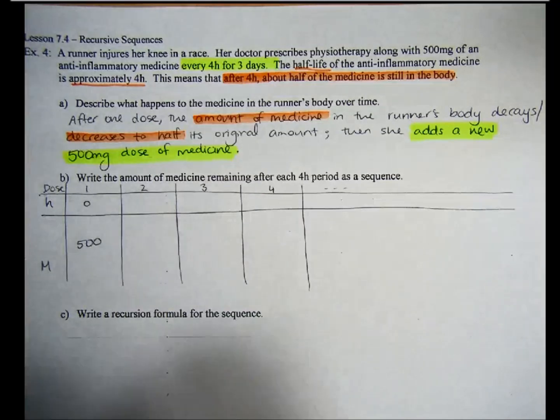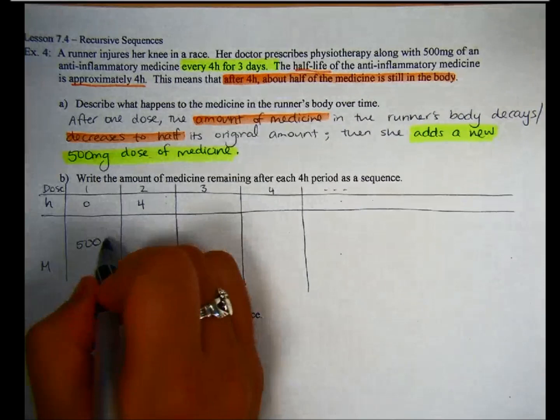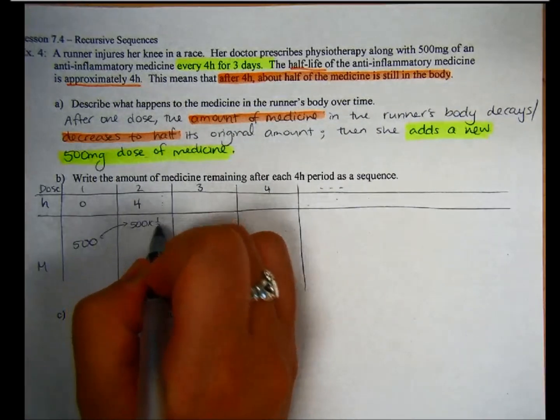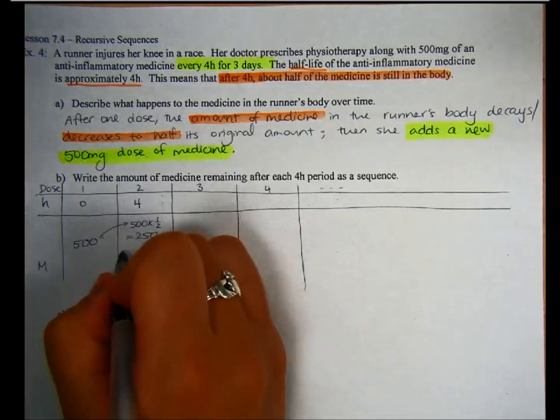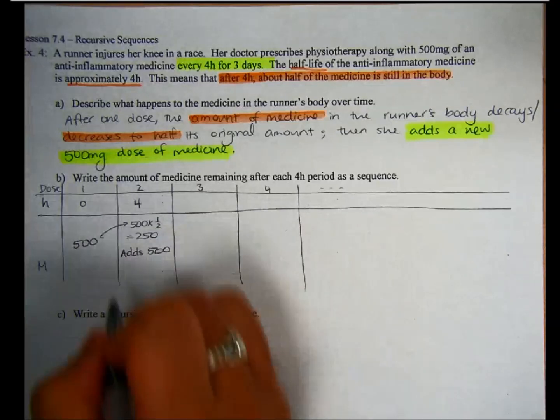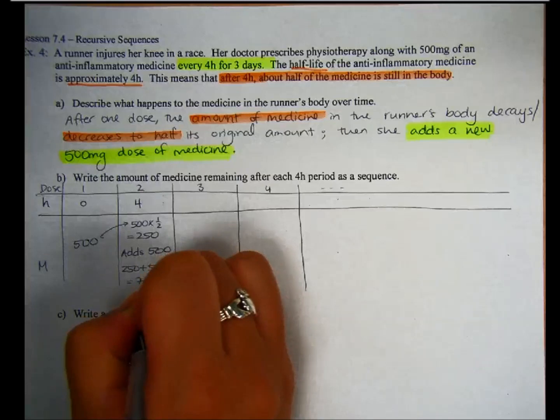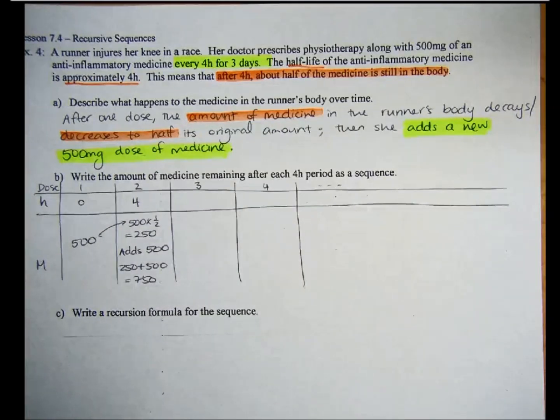Now, the second dose of medicine, so this is now 4 hours after the first dose, this 500 milligrams has decayed to half. So there's 250 milligrams remaining. But she also adds in a new 500 milligram dose. So that means her total is going to be 250 plus 500, 750 milligrams of medicine in her body after 4 hours.